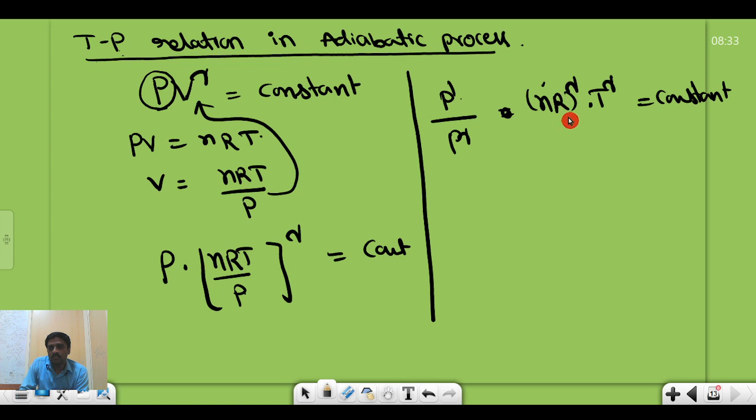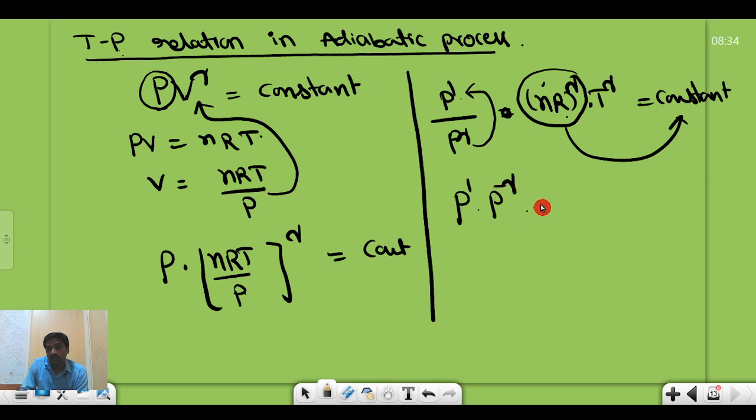n is a constant, R is a constant, and gamma is also a constant, equal to Cp by Cv. This total constant I am sending to the other side. Then gamma moves from denominator to numerator, giving P power 1 minus gamma into T power gamma equal to some constant divided by nR whole power gamma.